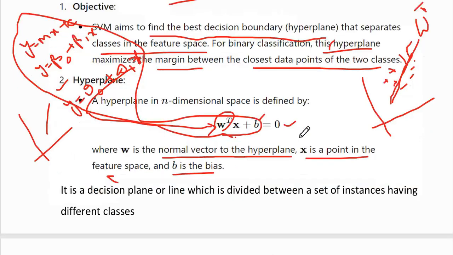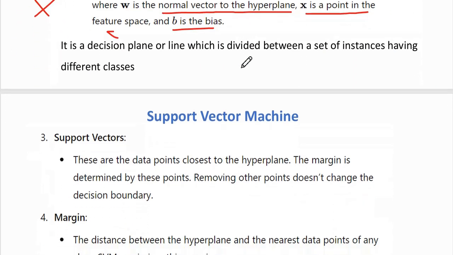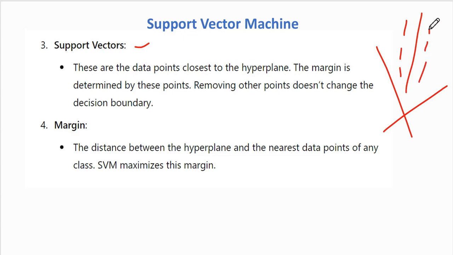So that is about the hyperplane. The next point is support vectors. Apart from the hyperplane, we can also find two more hyperplanes.